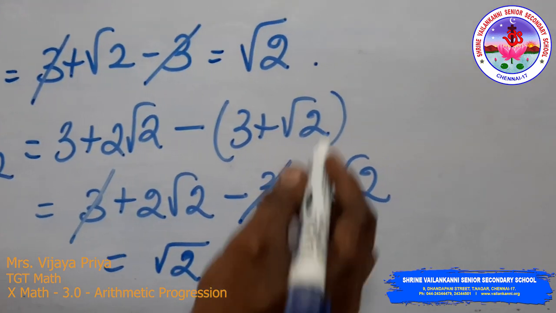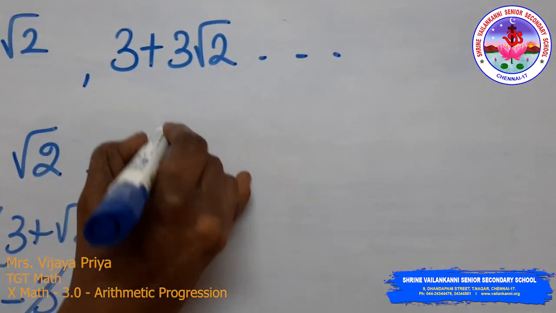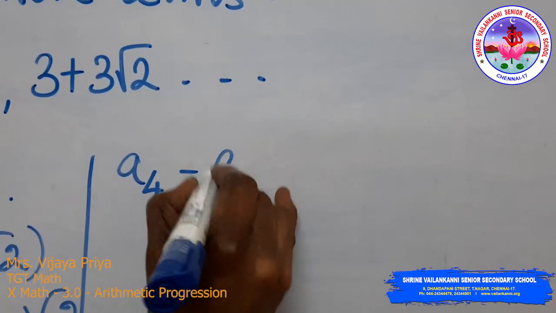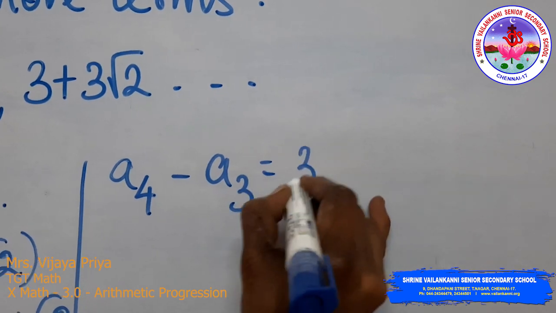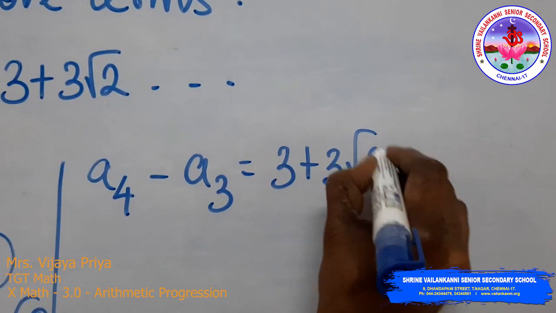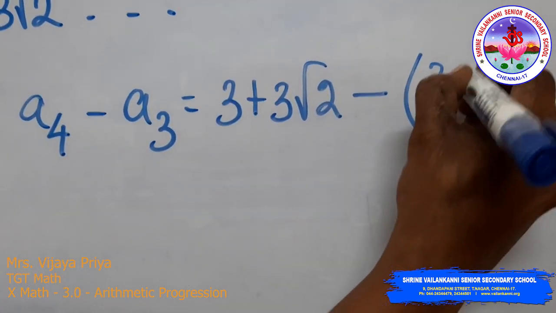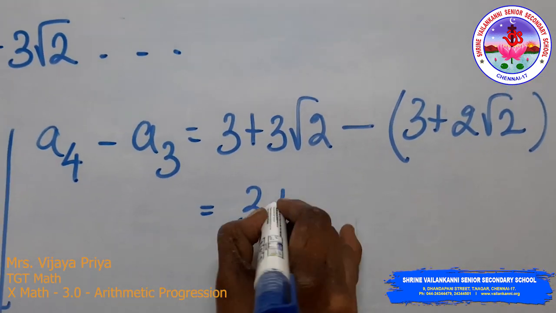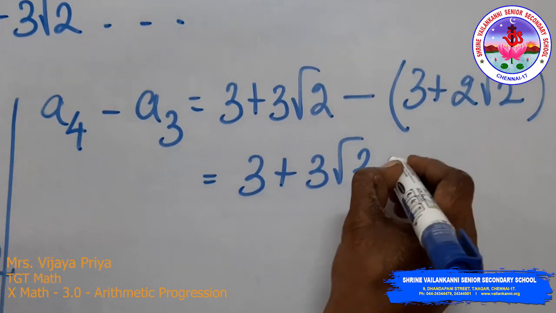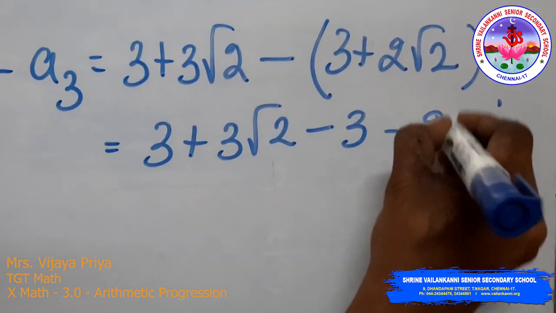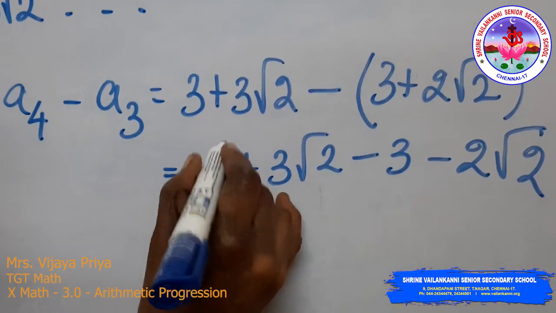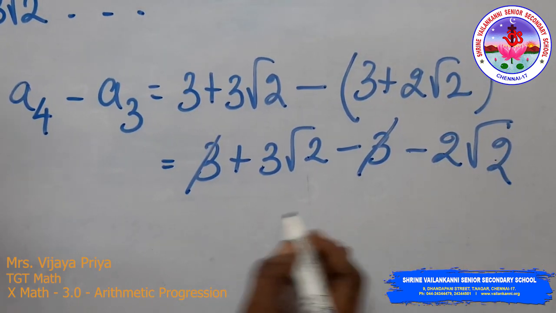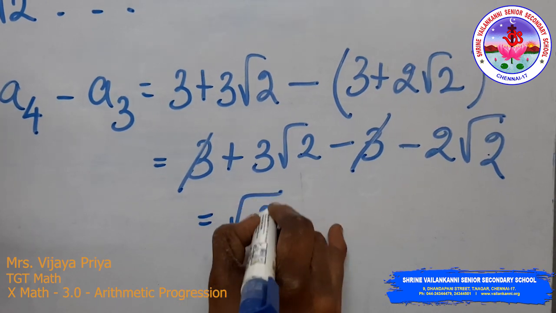Now going for the fourth term and the third term to check the difference. So a4 minus a3, which is equal to 3 plus 3 root 2 minus 3 minus 2 root 2. So plus 3 minus 3 gets cancelled. 3 root 2 minus 2 root 2, I will get the answer as root 2.